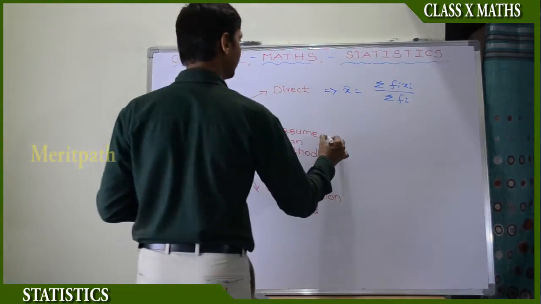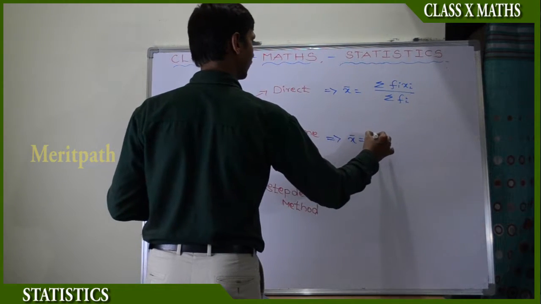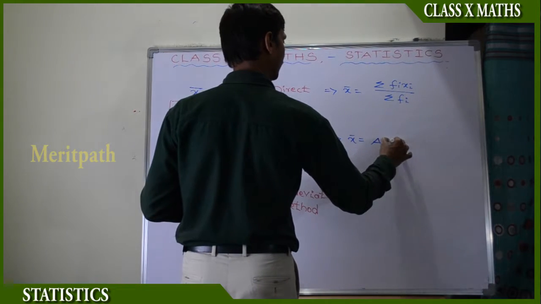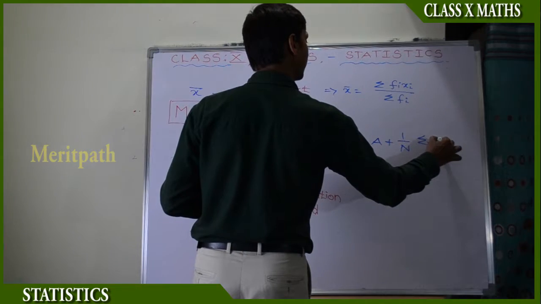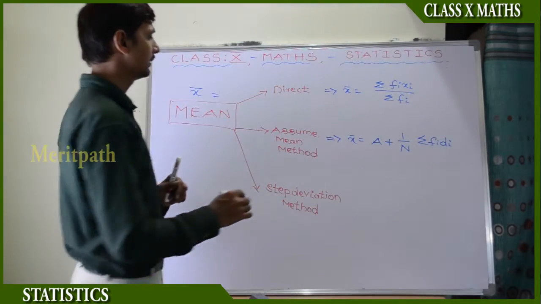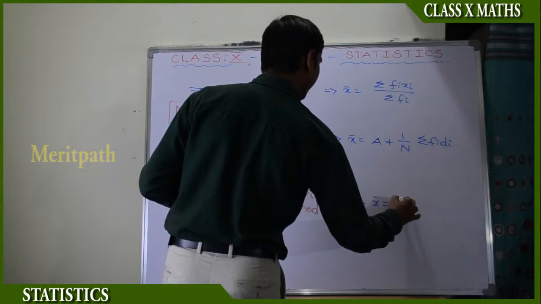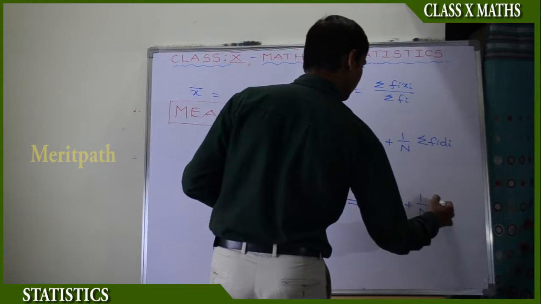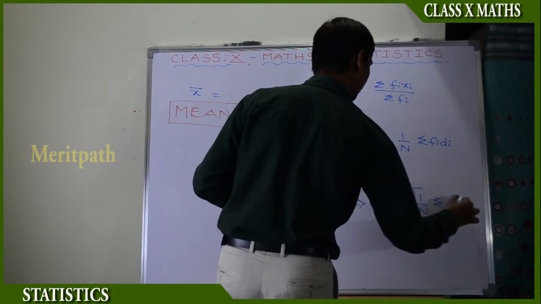Assumed mean method: x bar is equal to a plus 1 by n into sigma fi di. Step deviation method: x bar is equal to a plus 1 by n into sigma fi di into h.